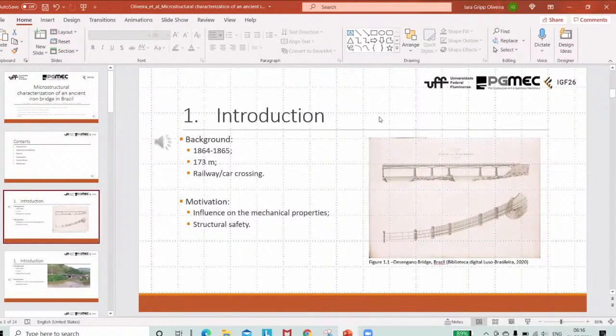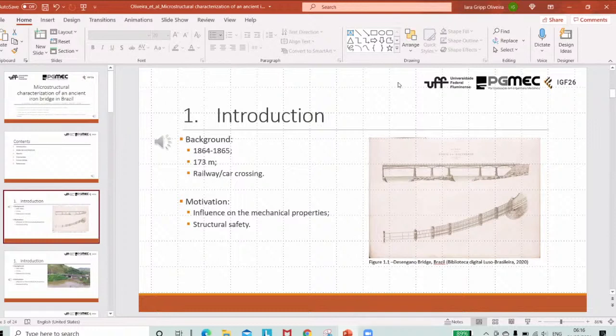It was initially built as a railway bridge, but today it is also used as a car crossing bridge. Just like this structure, we have many structures all over the world made with the same type of ancient material that was projected for one reason, but nowadays is also used for different purposes.